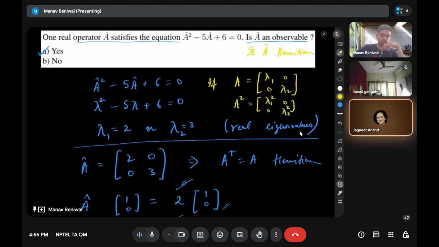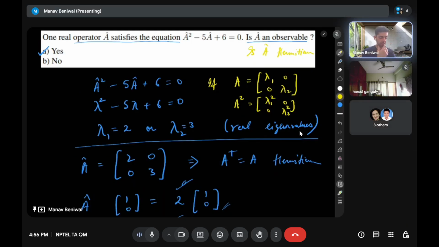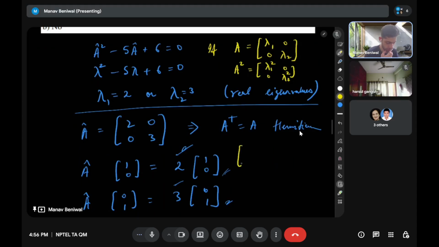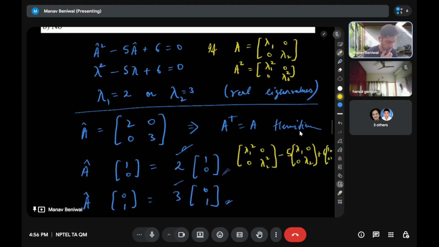Then I can essentially write out these equations for individual lambdas. So what will I have? We'll have this equation: lambda 1 squared, 0, 0, lambda 2 squared, minus 5 times lambda 1, 0, 0, lambda 2, and then plus 6, which is just identity, so 1 0 0 1, like this.